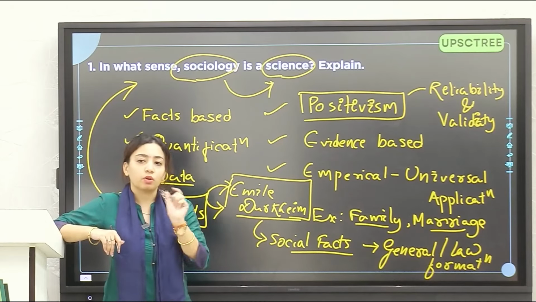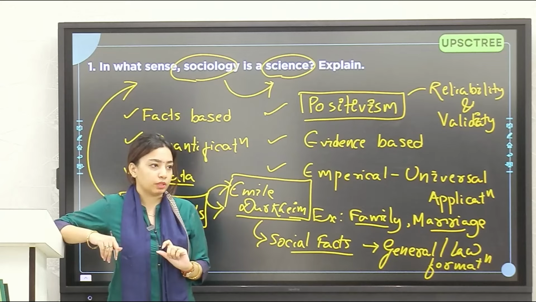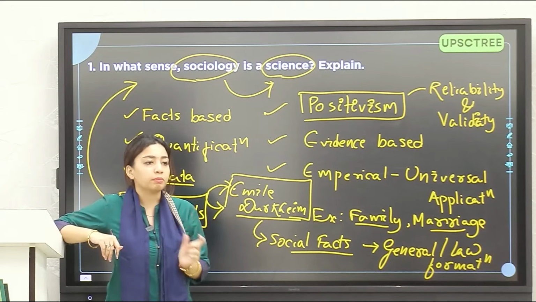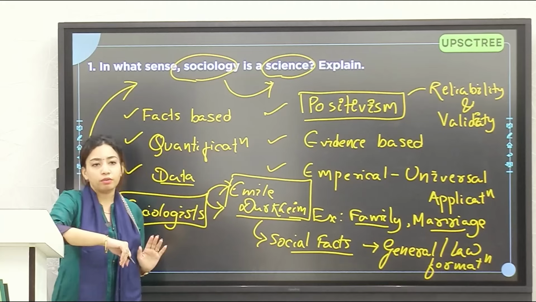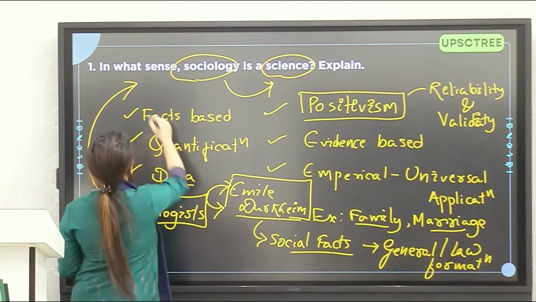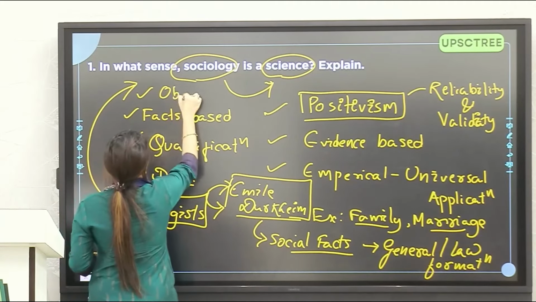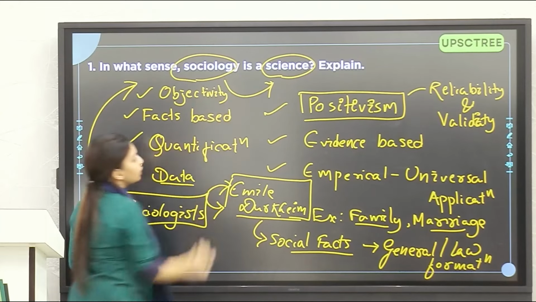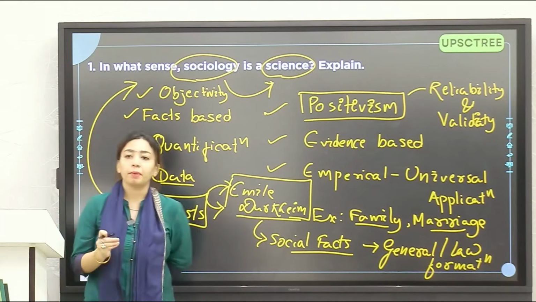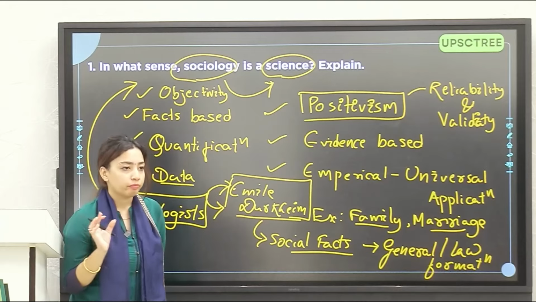Sociology focuses on both objectivity and subjectivity. So the human perspective is equally important as the data, the facts. So write down objectivity. Done. These are the keywords that must be there in your answers.